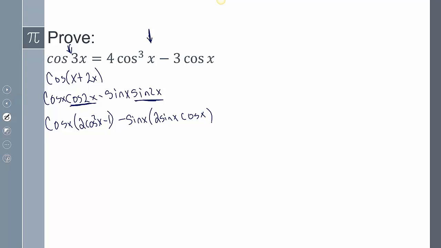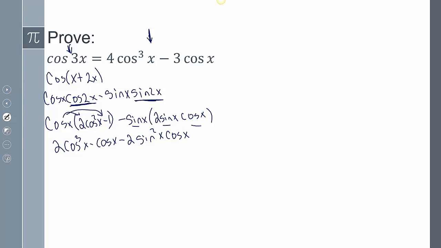Now, simplifying everything together, I'm now going to have 2 cosine cubed x minus cosine of x, and then I get minus 2 sine squared x cosine x. All I did was just multiply everything together. This I distributed, and then this, because everything's being multiplied, I just multiplied everything together.